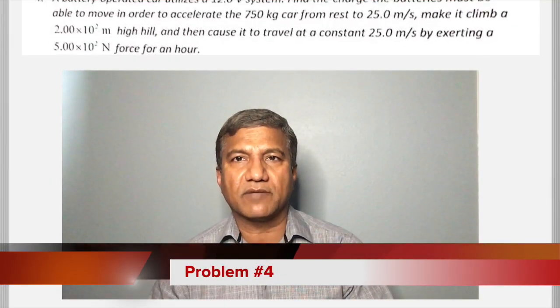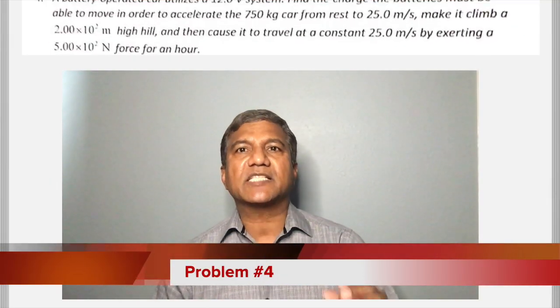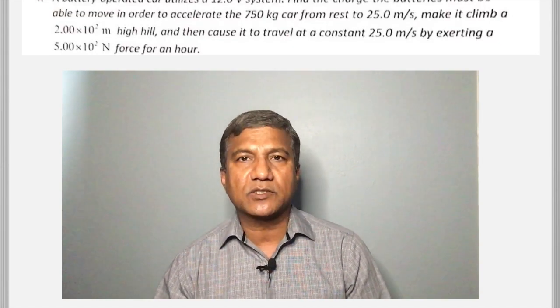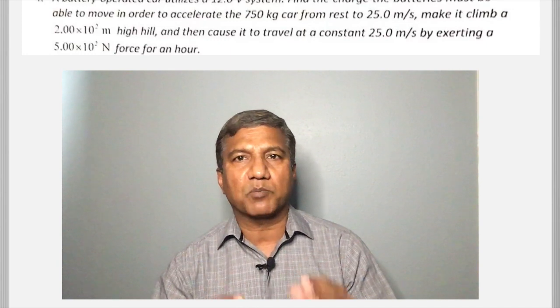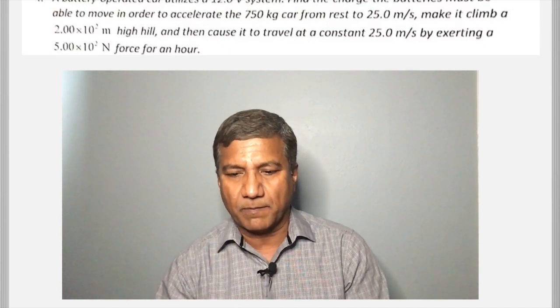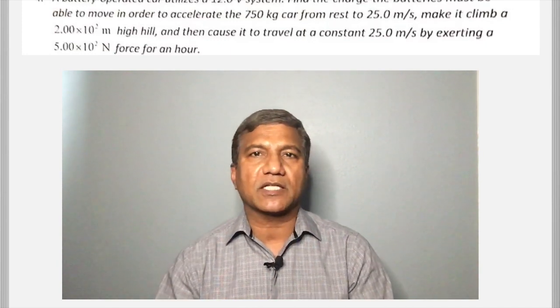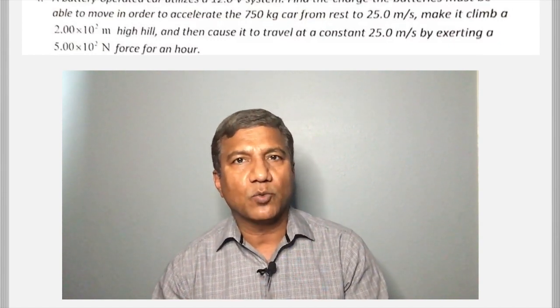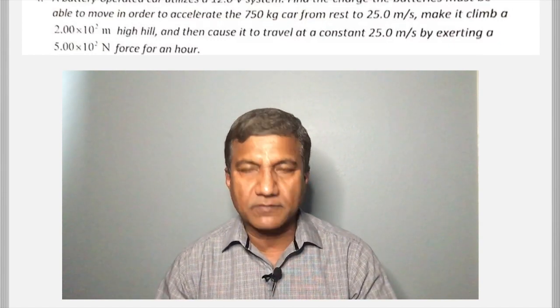The car has to be given kinetic energy, it has to be given potential energy, and also it has to be moved by applying a force which is given to move it at that constant speed. So there are 3 ways in which work is to be done.